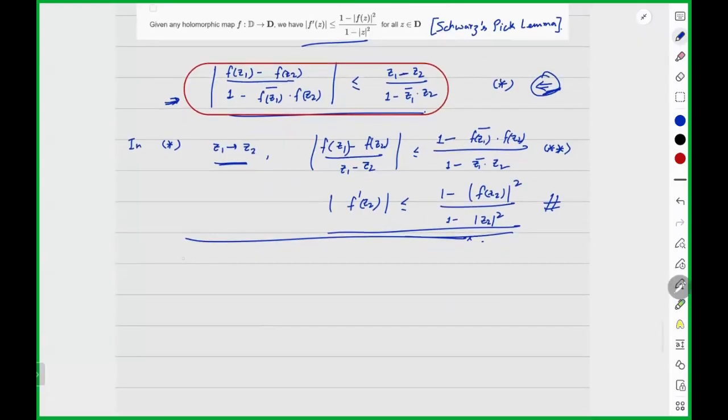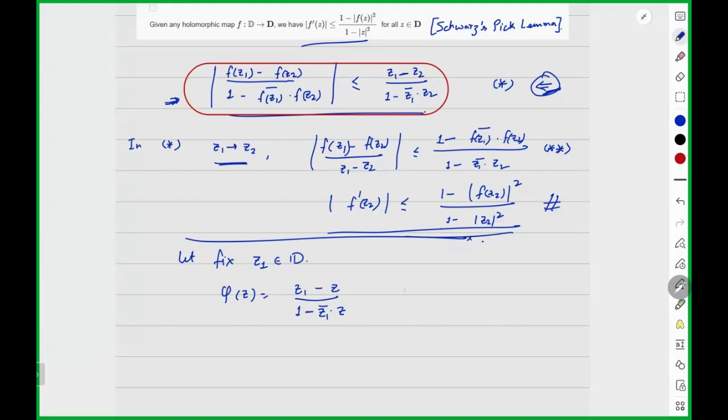First, let's fix z1 in the open unit disk. We define this map phi of z, this is not the previous phi, this is a new phi I'm defining: phi(z) is equal to z1 minus z by 1 minus z1 bar into z.